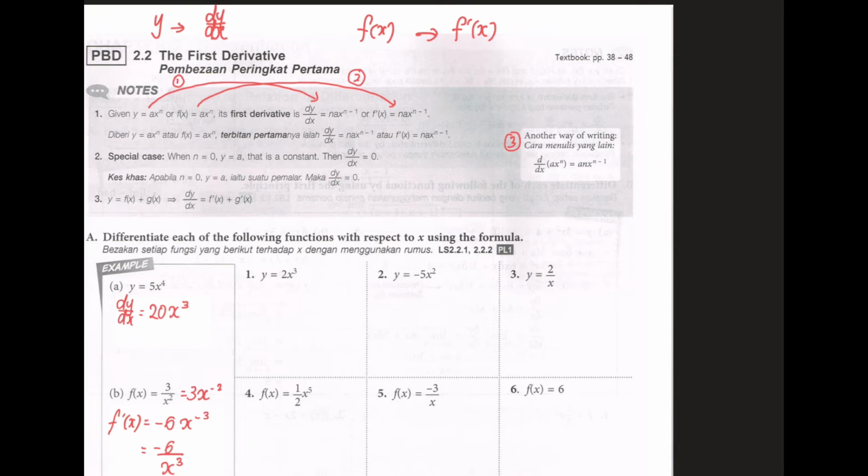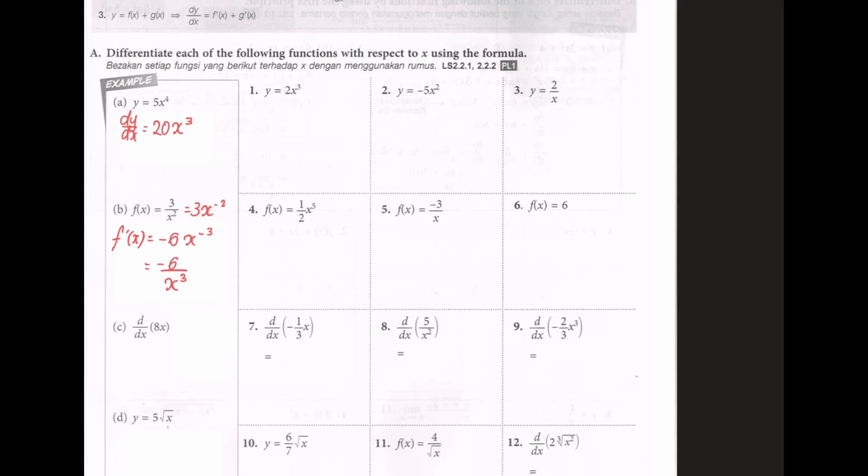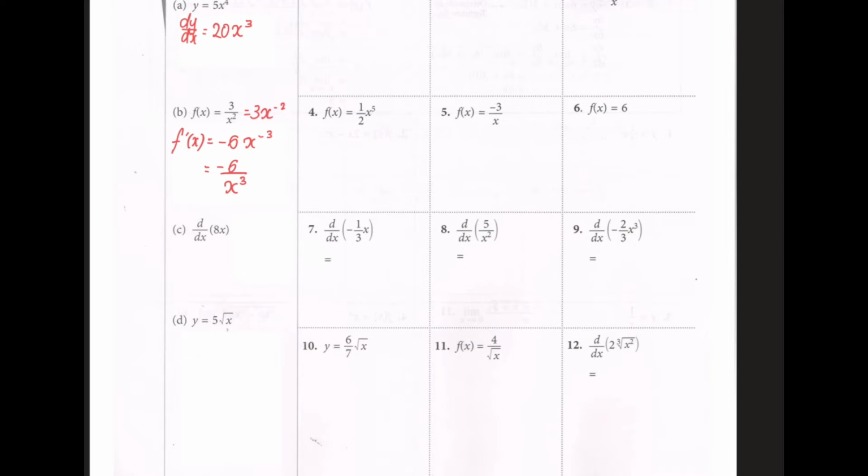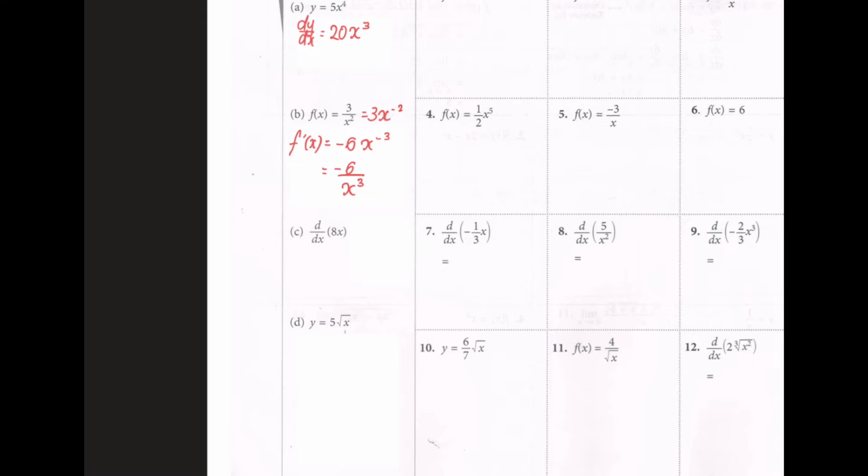Okay, so now let's see an example. We have example C here. d over dx, that means differentiate 8x. Let's put it in general. How to differentiate 8x? Let's say in general, if I have kx, you have to think of this as kx power 1.